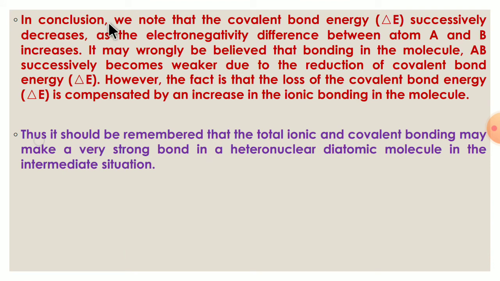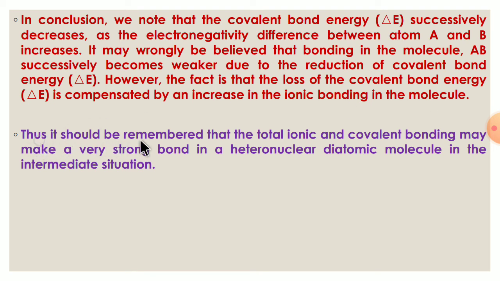In conclusion, we note that the covalent bond energy delta E successively decreases as the electronegativity difference between atoms A and B increases. It may wrongly be believed that bonding in the molecule AB successively becomes weaker due to the reduction of covalent bond energy delta E. However, the fact is that the loss of covalent bond energy delta E is compensated by an increase in the ionic bonding in the molecule.